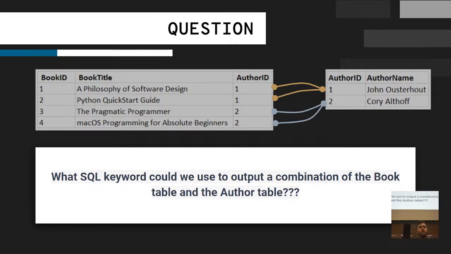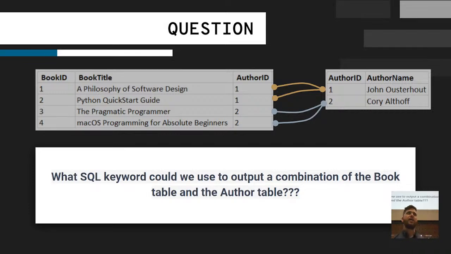So another question, what SQL keyword could we use to output a combination of the book table and the author table? So if we have two separate tables and we want to just view them together, what SQL command could we use? Not going to give me the whole command, just the keyword that we'd be working with. Yes. Join, yes.